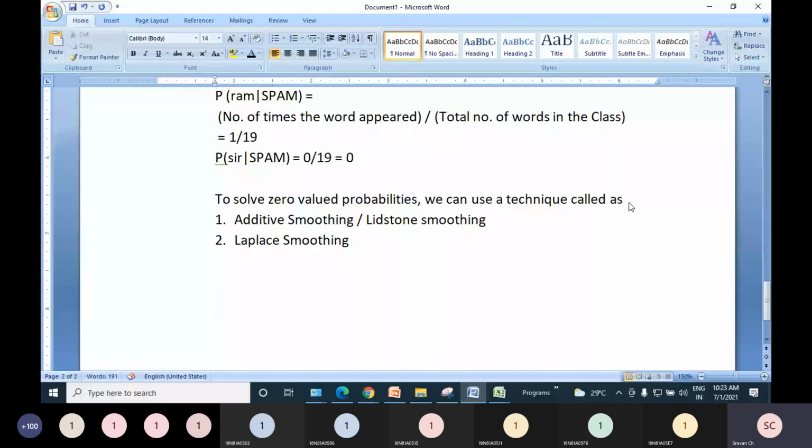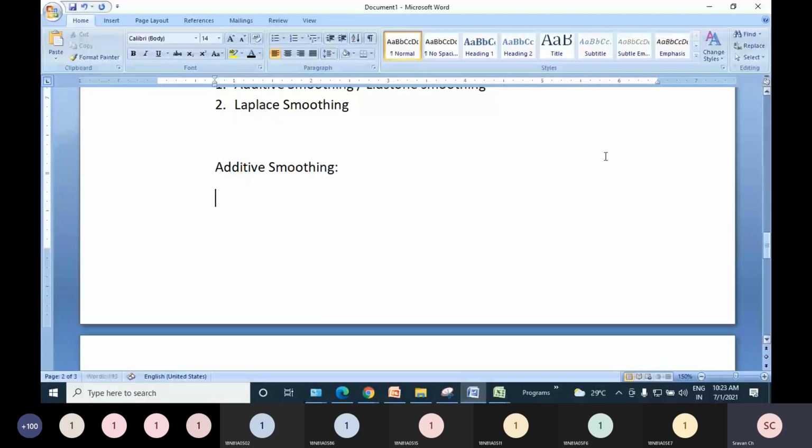In smoothing, let me show you the additive smoothing formula. Friends, I am trying to address the issue of zero probabilities which you have seen.